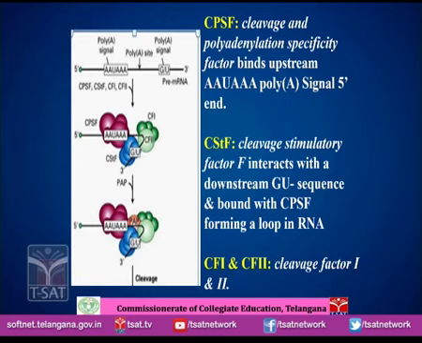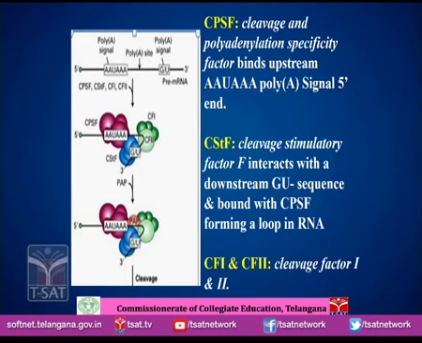Whenever the mRNA is being synthesized, once the signature sequence is exposed or synthesized, CPSF immediately binds to that signature sequence.